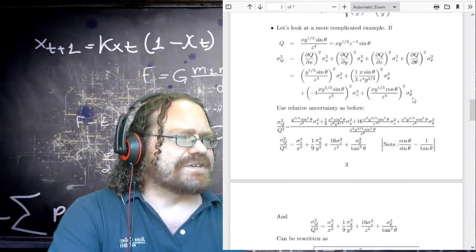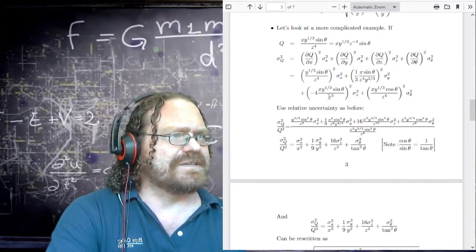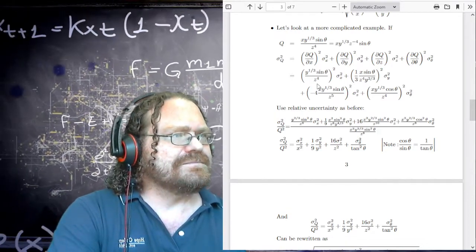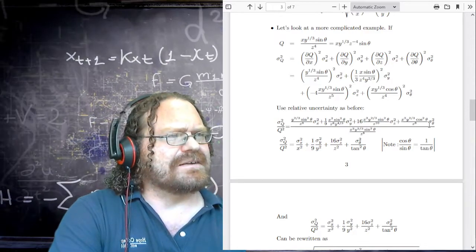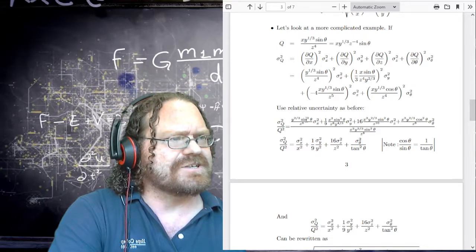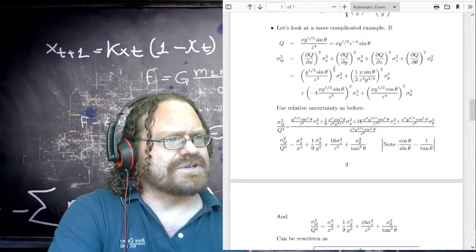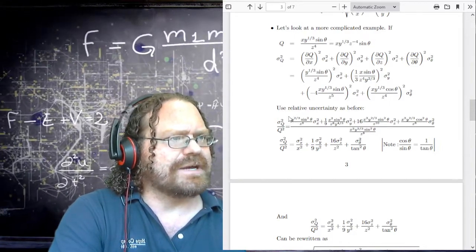All right, this is where it's going to get a little bit tricky because there are a lot of terms up here. We went through each one of these things, and this is the first one, this is the second one, this is the third one, and this is the fourth one. If you notice, we also carried the squared to each term. Let's look at the first one. Instead of y to the 1/3, we square it, so we have y to the 2/3.